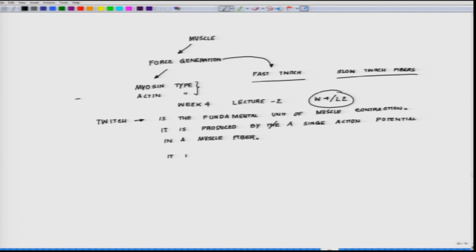It is characterized by a short delay, called a latent period. It's called a latent period.